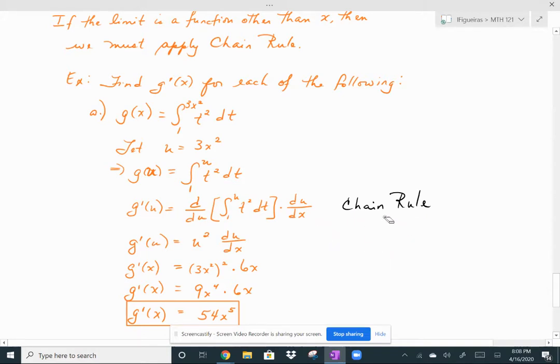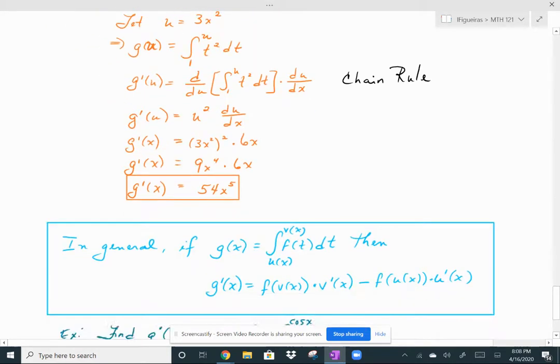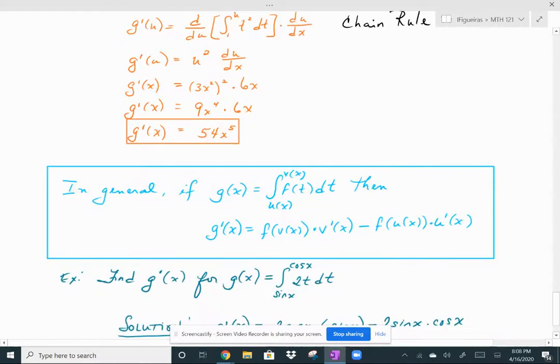Okay. So in general, if you have limits that are functions of x, and it is possible for both the lower and upper limit to be functions of x, I'm calling them u of x and v of x. If g of x is the integral from u of x to v of x of f of t dt, then g prime is f of v of x times v prime of x, minus f of u of x times u prime of x.